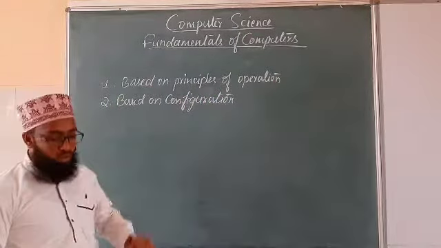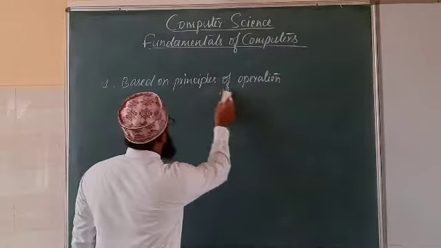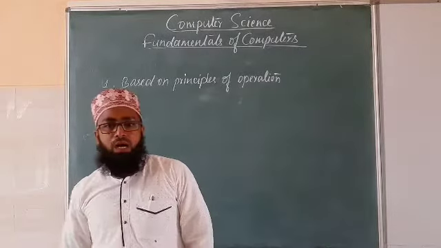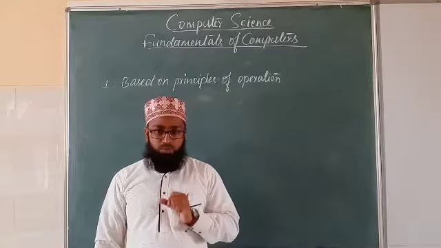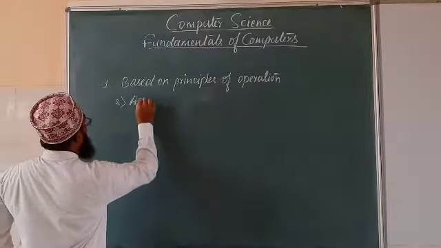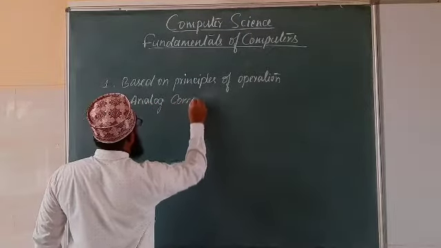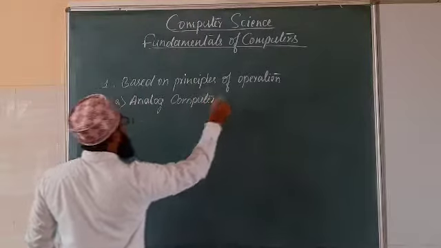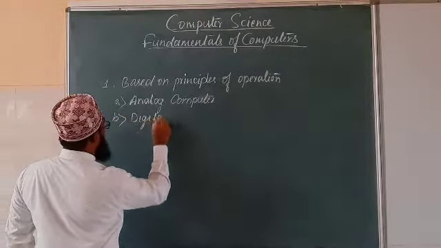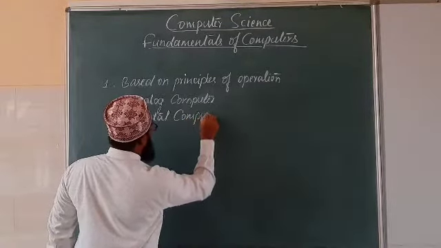Now today we are going to discuss based on the principles of operation. Based on principles of operation, computers are classified into three types. The first one is analog computers. The second one is digital computer.